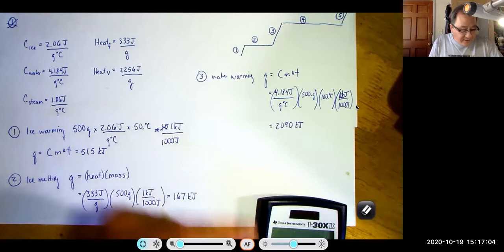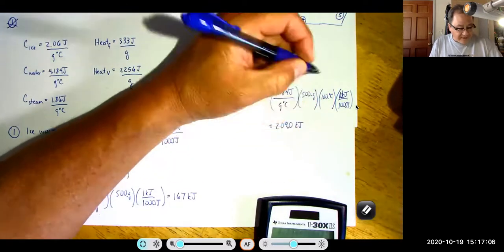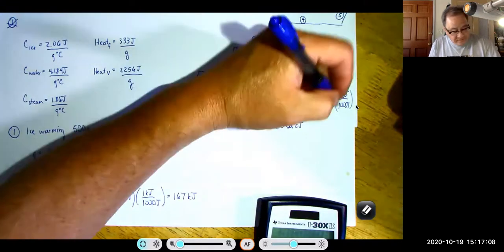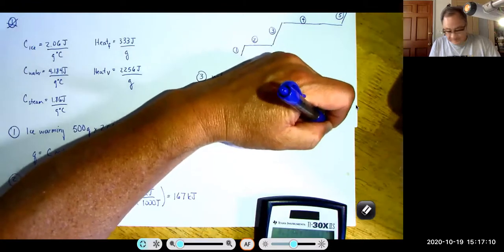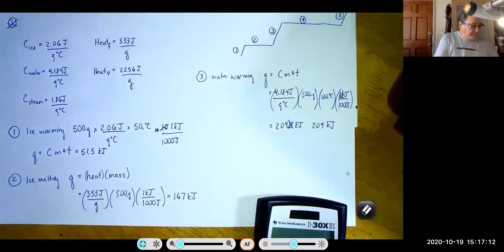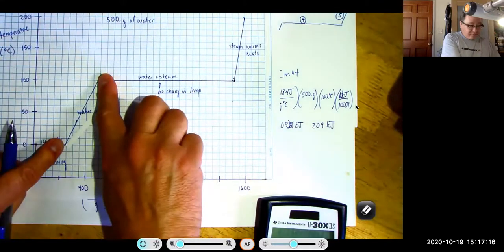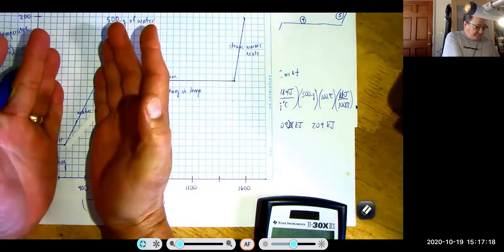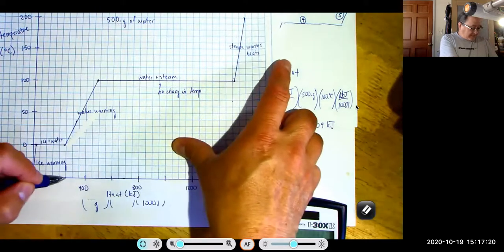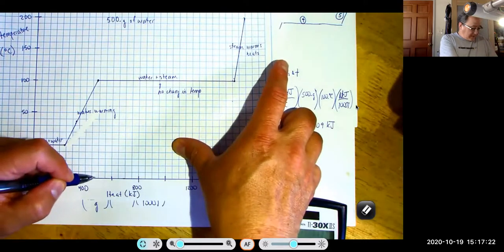And it's 209. So I got to get rid of that 0. So I have 3 sig figs. So this is about 200 wide from here to here. And let's see, does that make sense? Yeah, that makes sense.